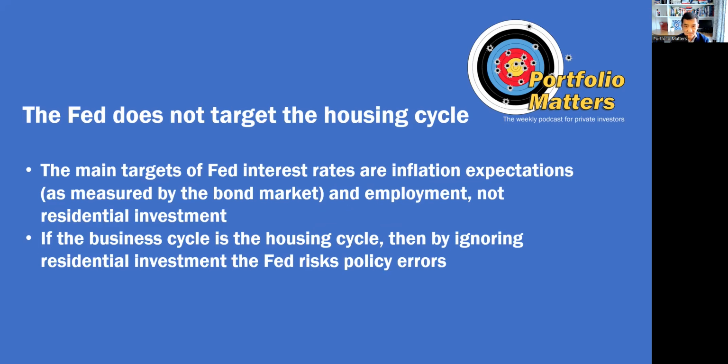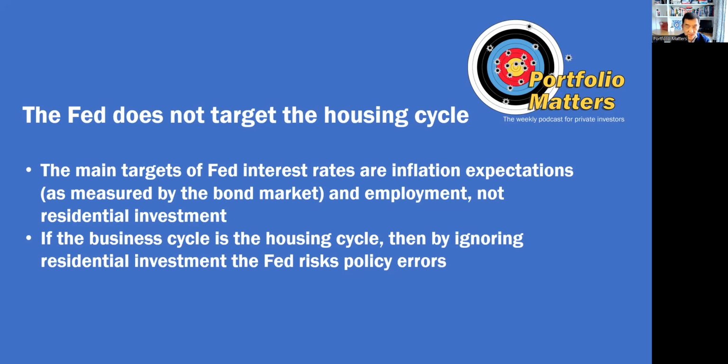But if that's true, the Fed should be aware of that and should be consciously targeting the housing cycle as a key driver of the business cycle, but it doesn't. In setting the Fed funds rate, it mainly looks at inflation expectations and employment. It doesn't look at residential investment.